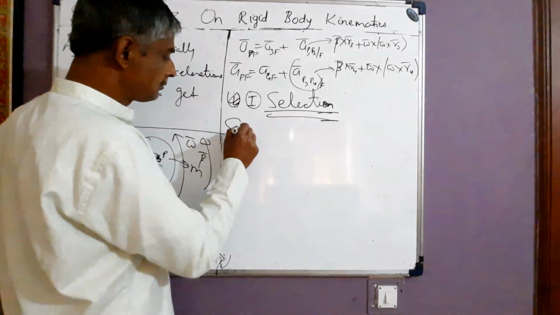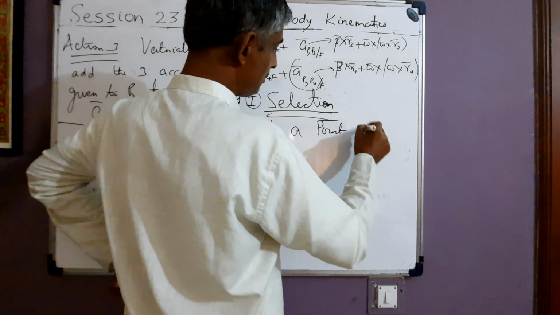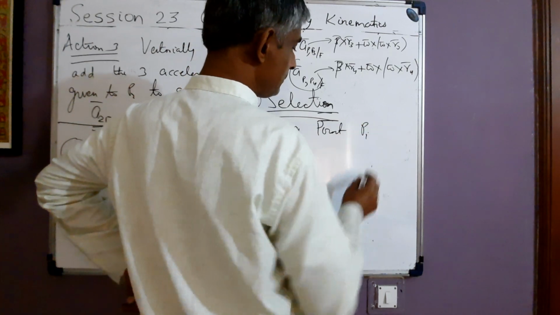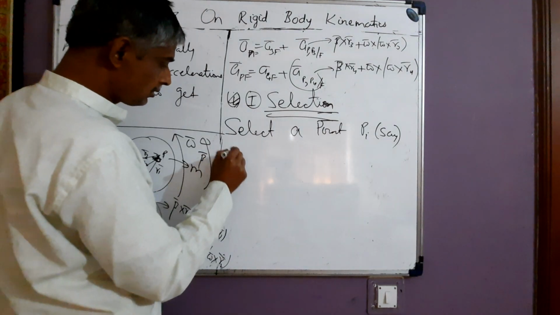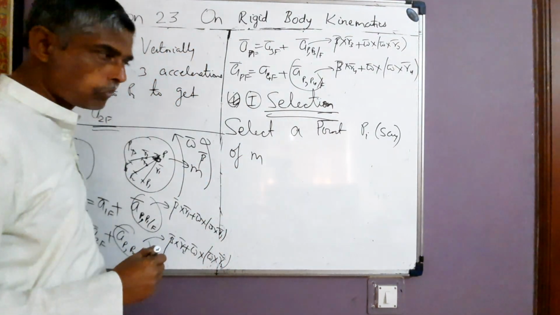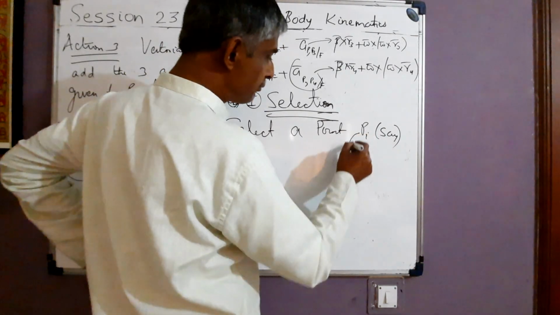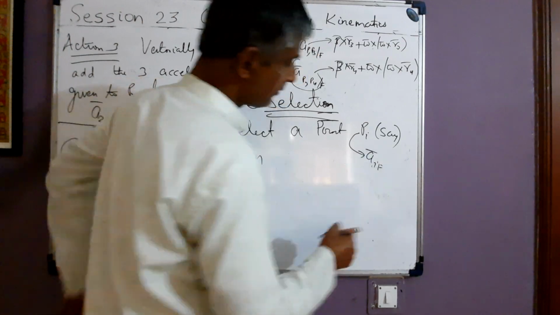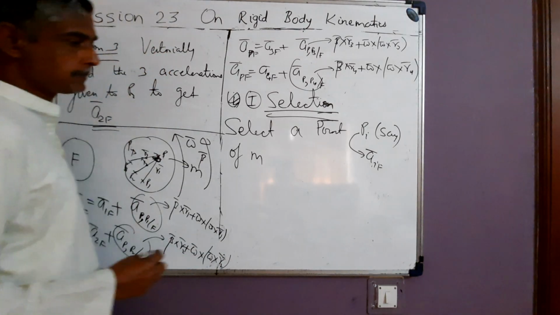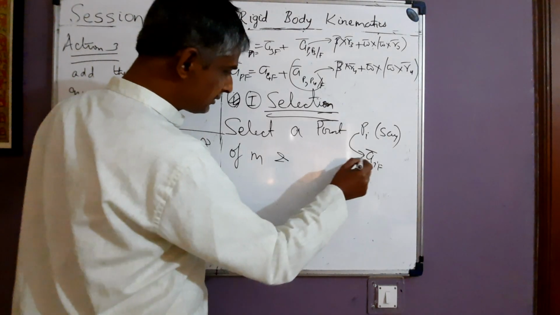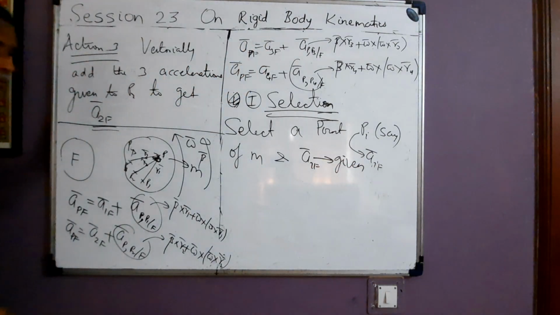Select a point Pi, say, of M. Suppose acceleration of Pi with respect to frame F is AiF. i may be 1, 2, 3, any integer. So select a point Pi of M, and this term AiF is given.